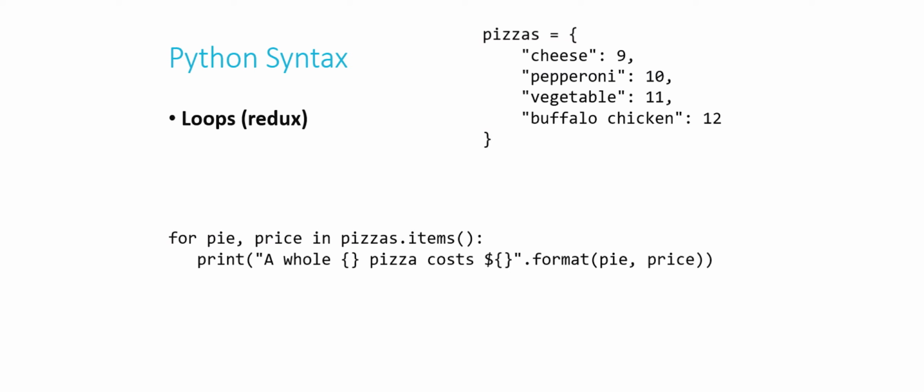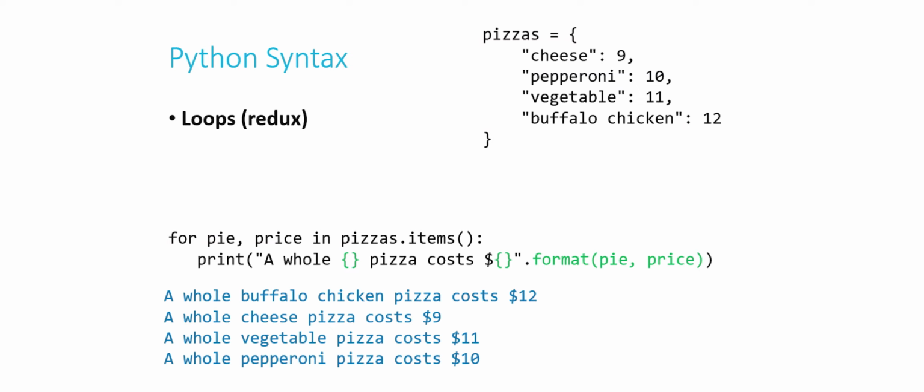But I want to actually print the key first, then the value. I don't want to have to invert them, so I don't have to plug in the ordering that I did before when I was doing the president's example, iterating over all those tuples. And this would print out a whole buffalo chicken pizza costs $12. A whole cheese pizza costs $9. Again, going through each element and getting the key value pair and printing it out as I indicated.